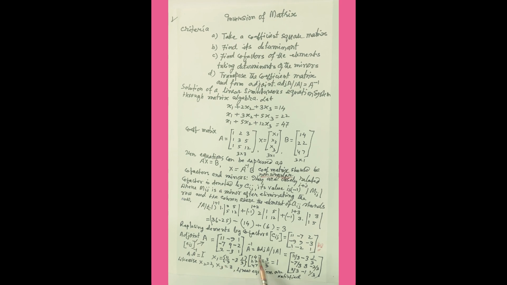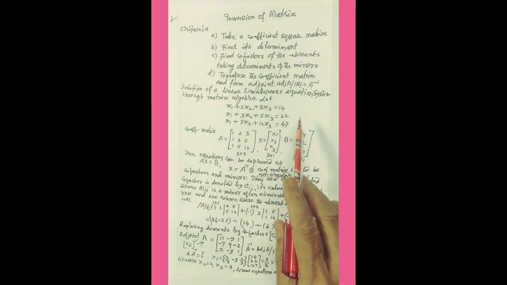If we multiply this, plus minus 3 into 22 minus 1 by 3 into 47, this will give 3 by 3 is equal to 1. So the value of x1 is equal to 1. Similarly, we will find that x2 is equal to 2 and x3 is equal to 3.